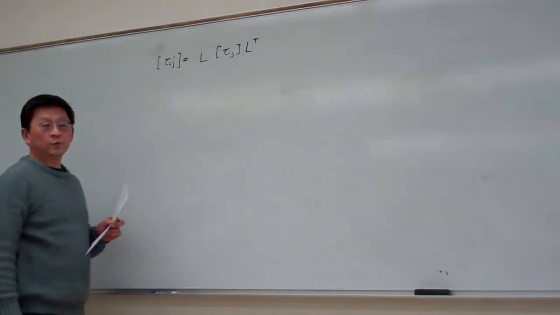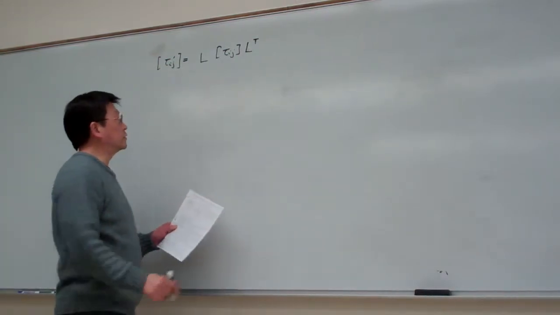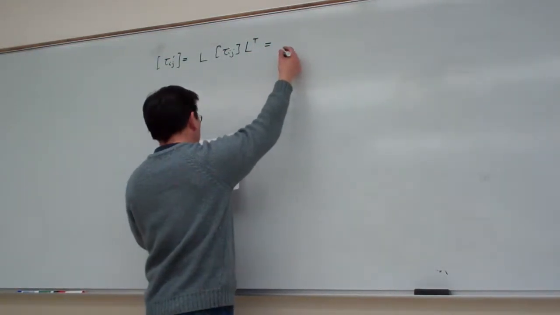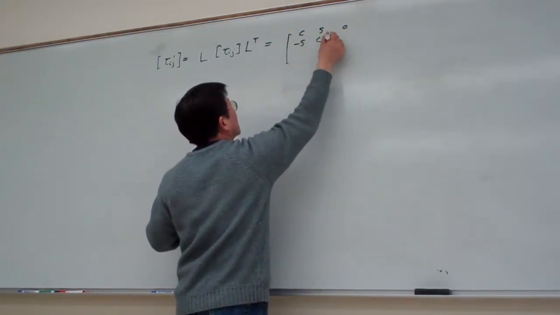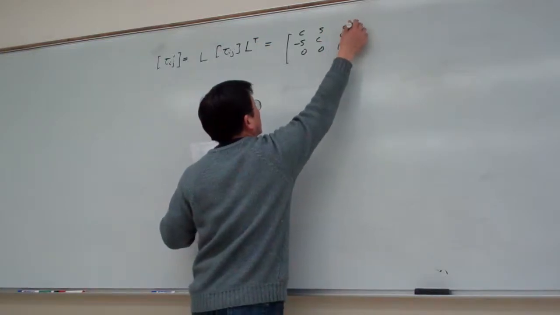Again, that is the formula we talked about before. Let me implement this in detail. L is C, S, 0; minus S, C, 0; 0, 0, 1.